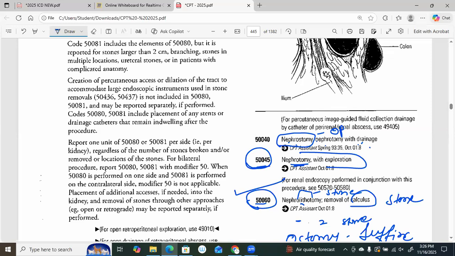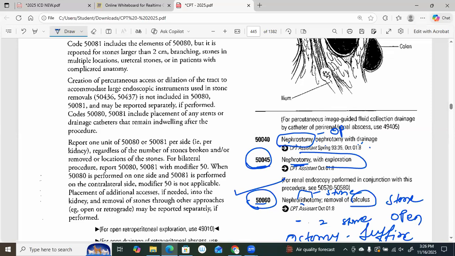So this is with the open approach. We do have a code for nephrolithotomy with the laparoscopic approach, but that is a different one. For the open one, we bill only once, irrespective of the stones.